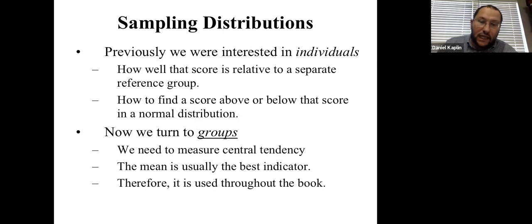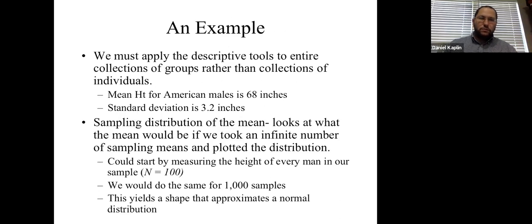Now, we still need to measure central tendency. And if we're relying on a normal distribution, the mean and standard deviation are the typical scores that we use. And sure enough, if we look at inferential statistics, we tend to look at means, variances, and standard deviations for one formula or another.